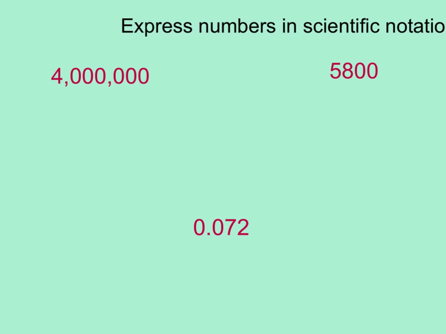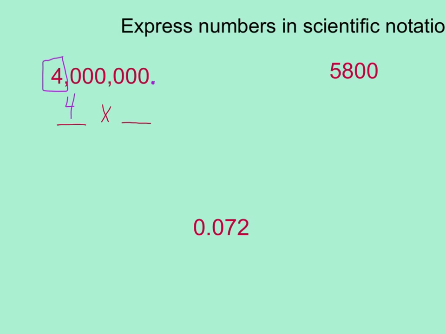So to write numbers in scientific notation, remember we need 2 things. We're going to multiply a power of 10 and a number that is less than 10 but at least 1. So when I look at this number, I see I have 4. So it's greater than 1, less than 10, so I'm going to put 4 in here. Now my decimal point in this number is right here.